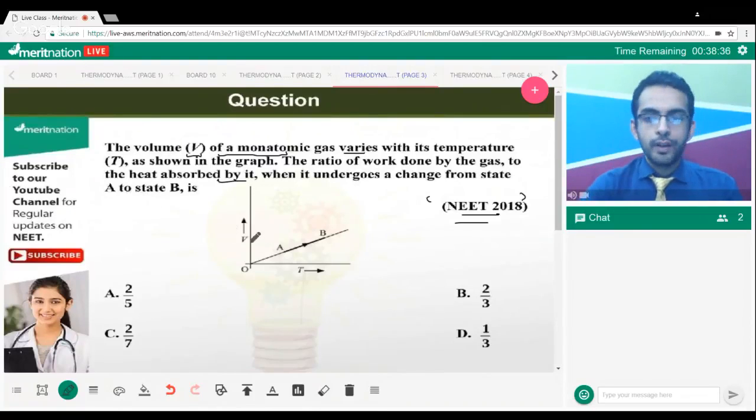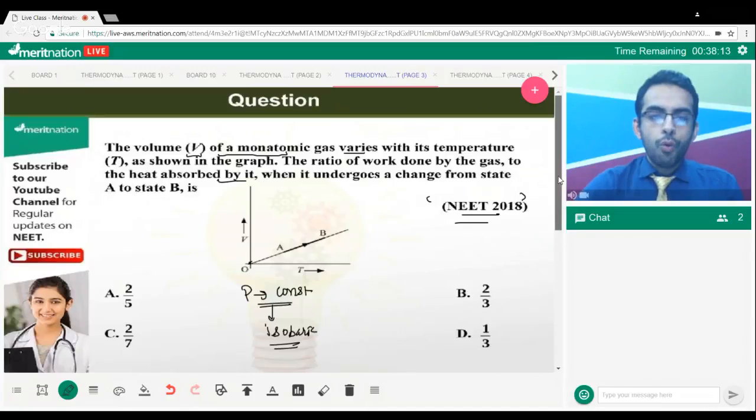Very good, Aditya. The process is isobaric, in which pressure is constant, because the VT curve is a straight line passing through the origin, so that means pressure is a constant value.